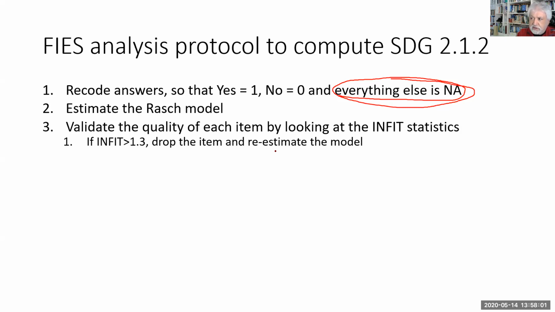But you want to look at the question, let's say how it's been asked, because there might be some confusion on the way in which people have responded. So between 1.2 and 1.3 is a sign that possibly the item can be improved. But if the infit is larger than 1.3, you have to drop it.